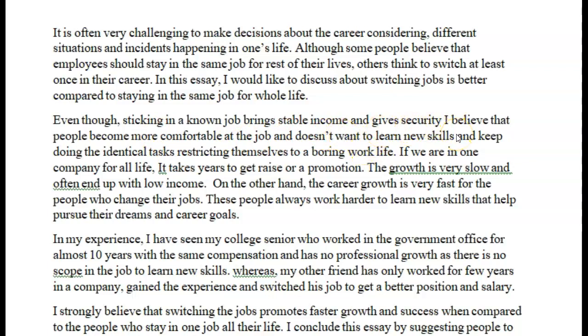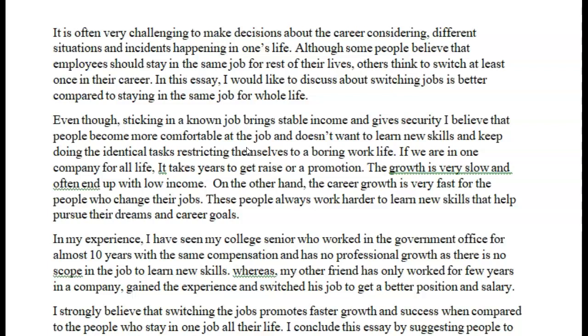Period. That's where your sentence should have ended. Okay? Then they keep doing identical tasks, comma, restricting themselves to a boring work life. Okay? And then it's all right.